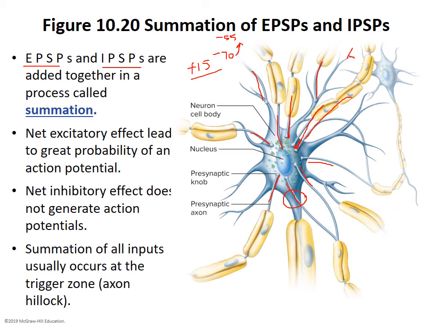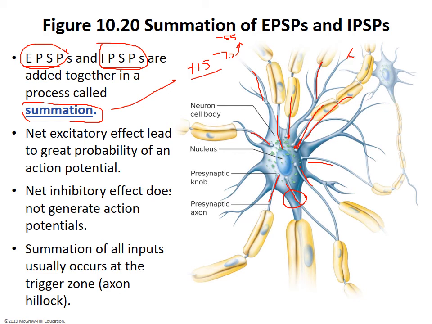If the overall value of the inhibitory outweighs the excitatory, nothing will happen. This process of it all coming together is called summation. That is where everything sums together and hopefully hits that positive 15 to send a signal.